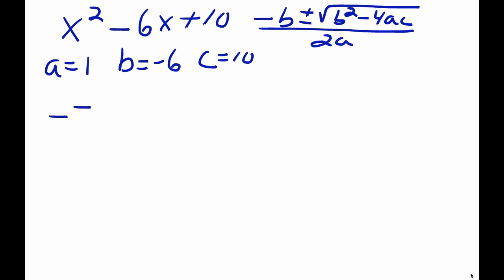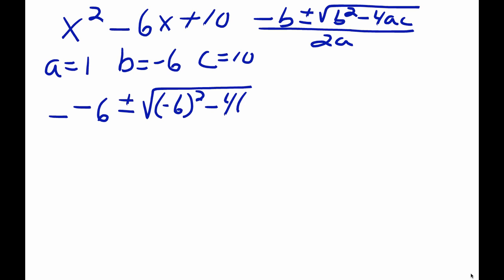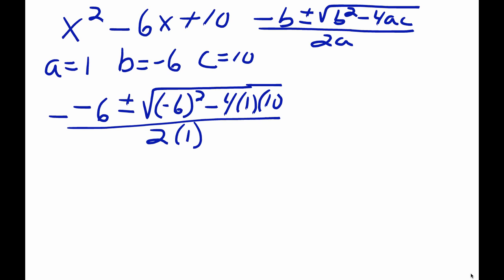So it's going to be negative 6. I have 2 negatives because the formula has a negative b, but also my b equals negative 6. That's why I have 2 negatives. Plus or minus the square root of negative 6 squared, because it's b squared, minus 4 times 1 times 10, all over 2 times 1, your a.